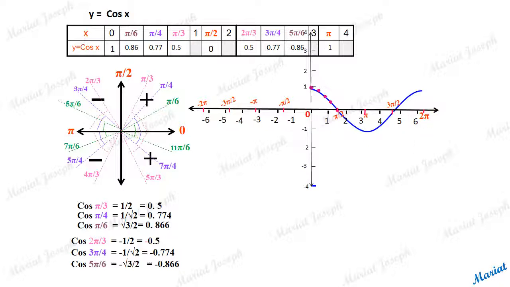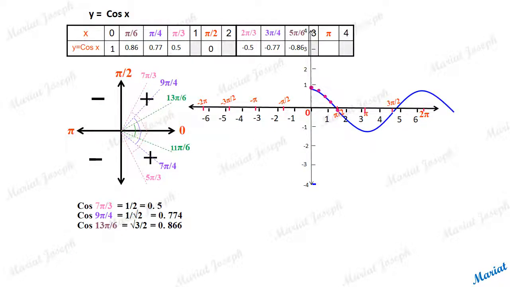But now we can consider the negative portion as well as going ahead more rotations. It will be a repetition of this same graph, because after one rotation whatever values come will also be the same because of coterminal angles. Now negative angles.